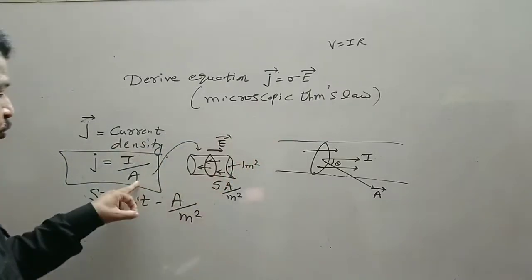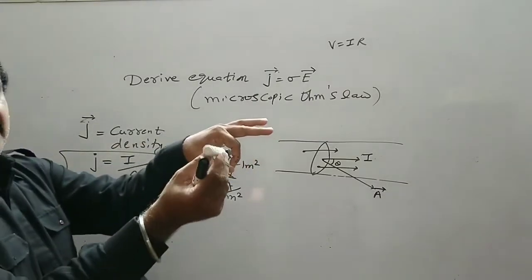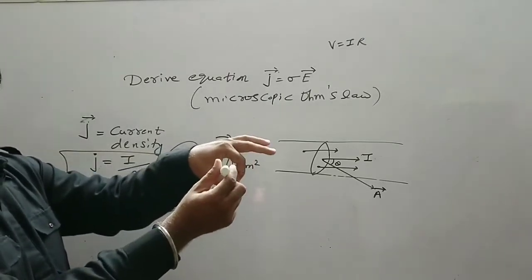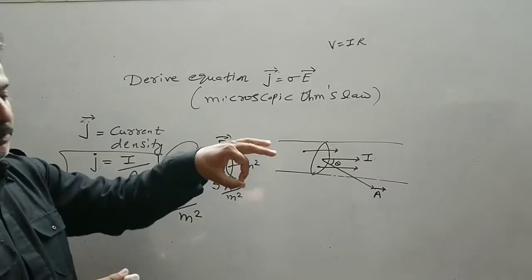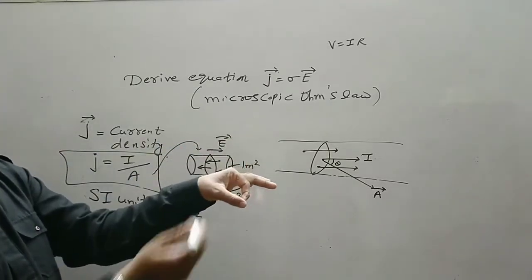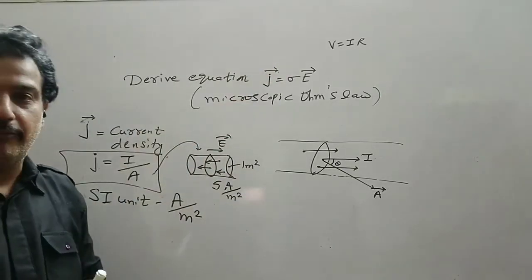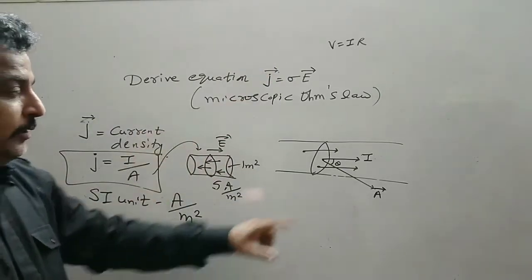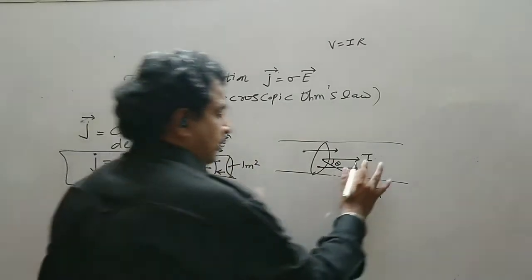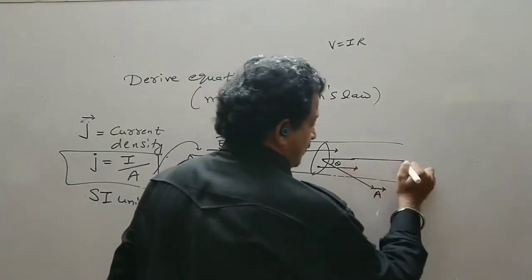So instead of the cross section being like this, the cross section is bent downward. In the earlier situation, area vector and current are in the same direction. But if the cross section is bent, the area vector is downward. If the cross section is upward, then the area vector is upward. In that situation, theta is the angle between the current and the area vector. Now one is a scalar quantity, the other is a vector quantity.